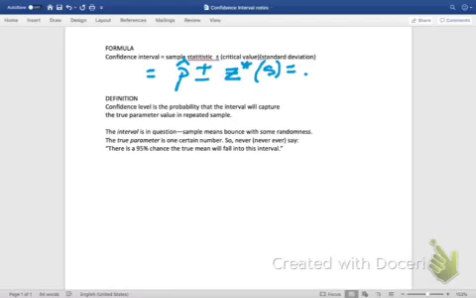Just from our research, we got a point estimate. That is our sample proportion. And we could just say, well, according to our research, it's 62%. But to give it a little more strength, to give people an idea of how accurate our research has been, we're going to plus and minus this number, which is called the margin of error.